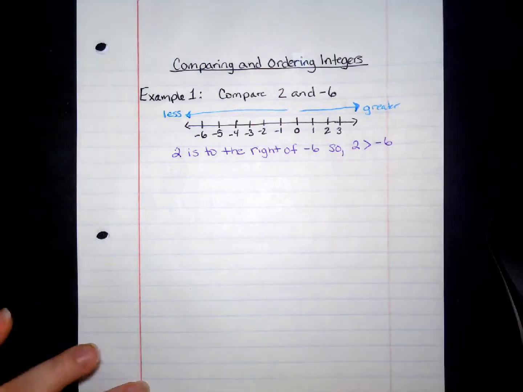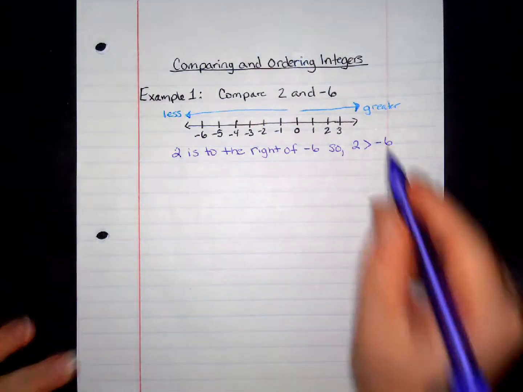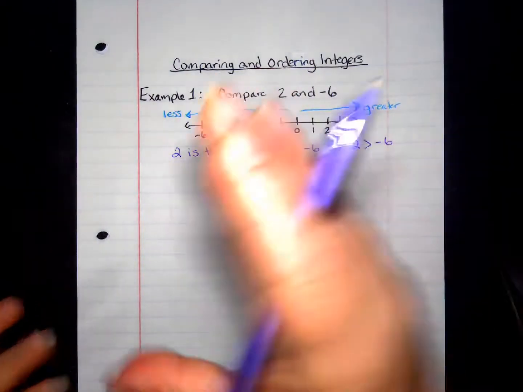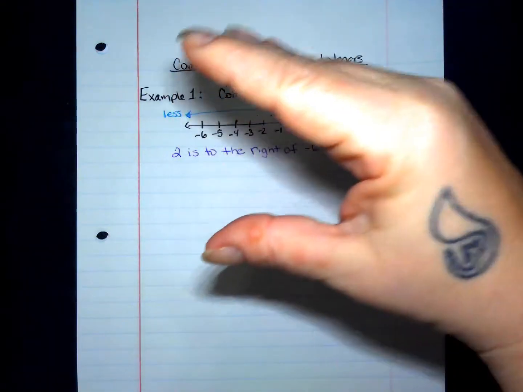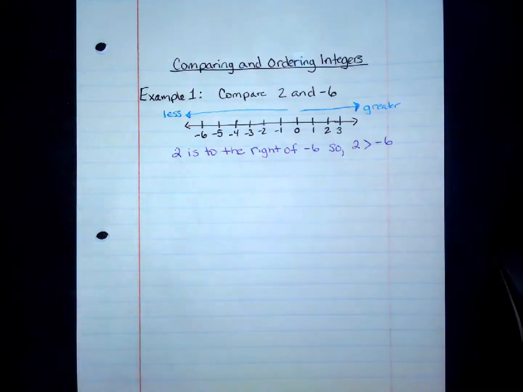And remember, with our greater than and less than signs, you want that alligator mouth to face the greater number. So your alligator mouth is going to face your greater number, the higher number. Okay?